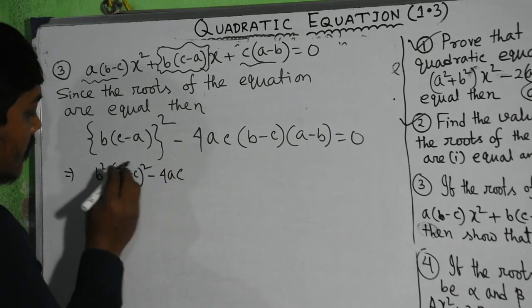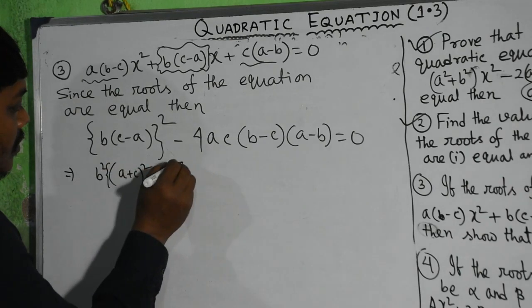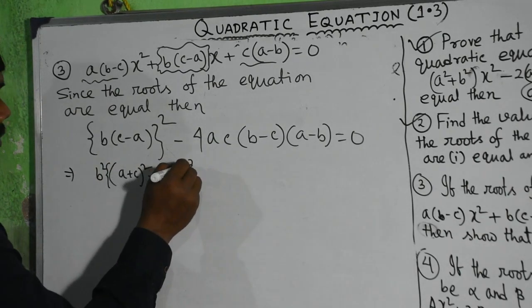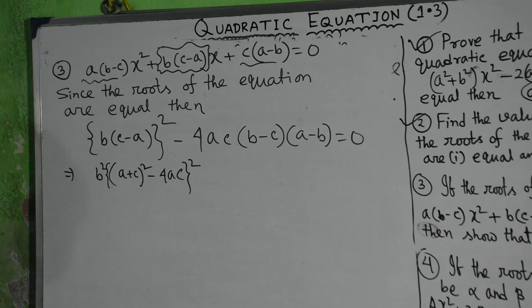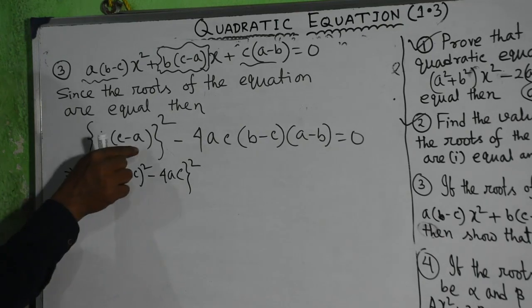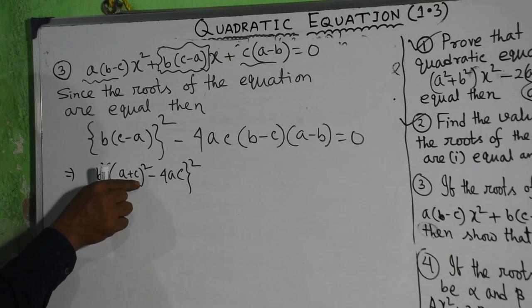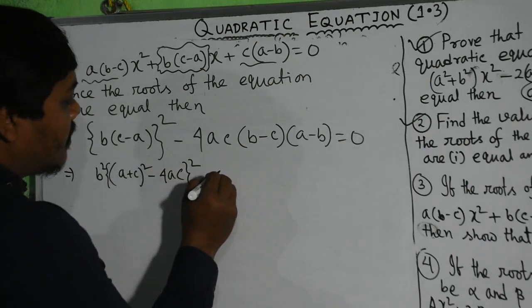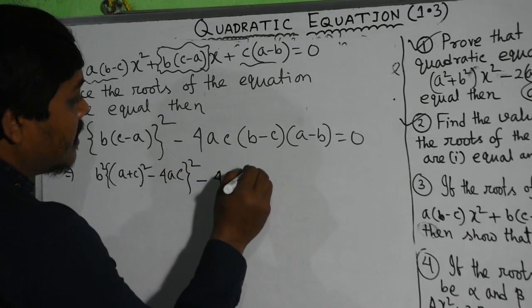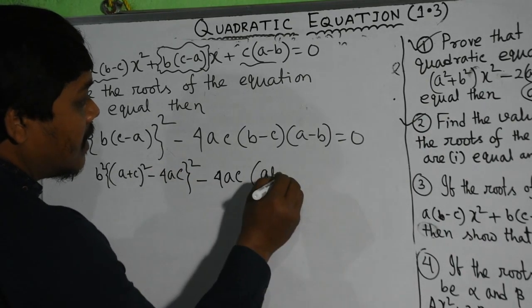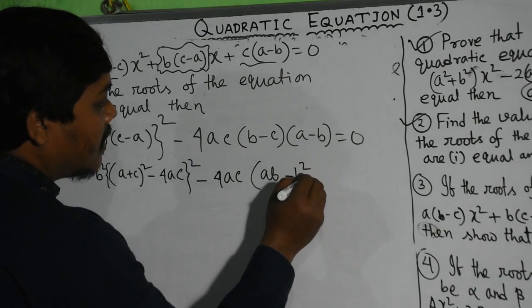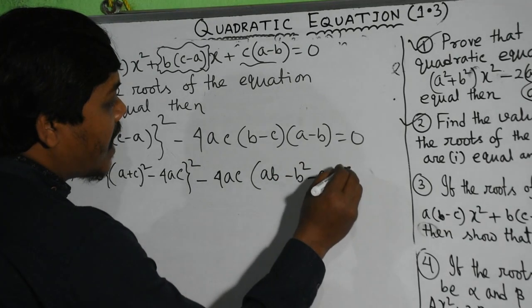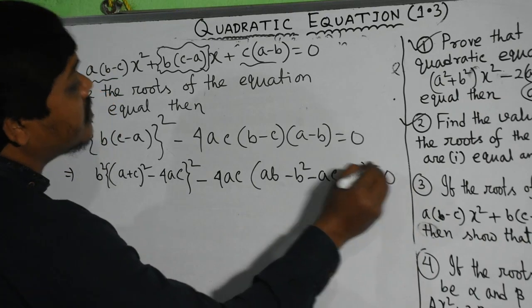You can write down also. Am I clear? b square into a plus c whole square minus 4ac, and 4ac into ab minus b square minus ac plus bc equals to 0.